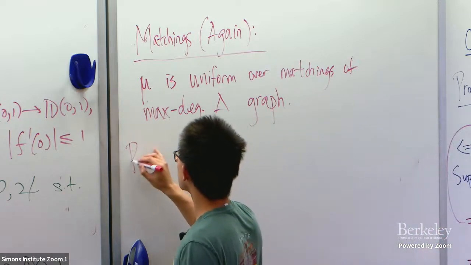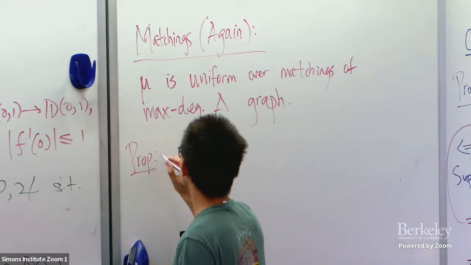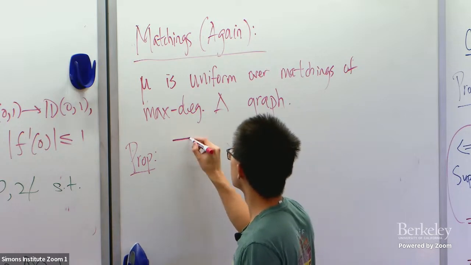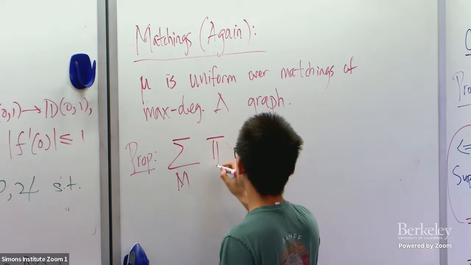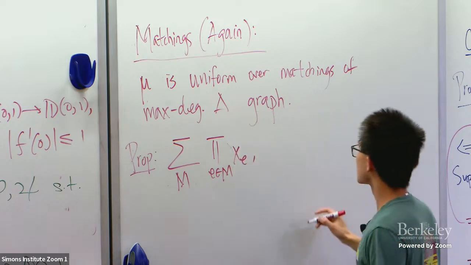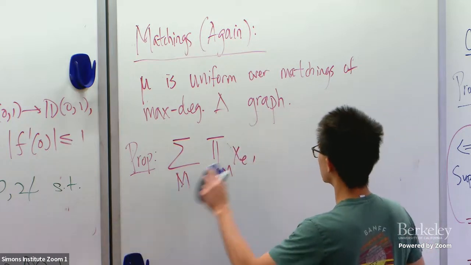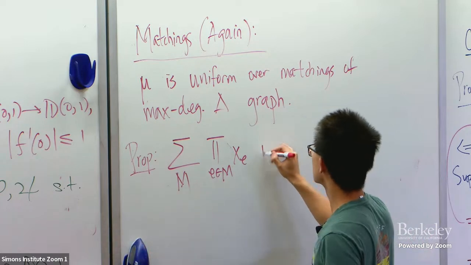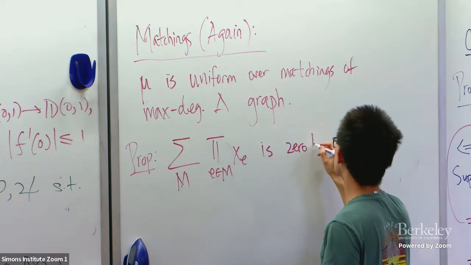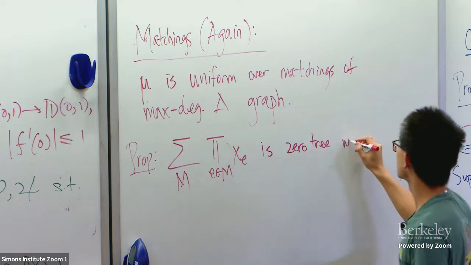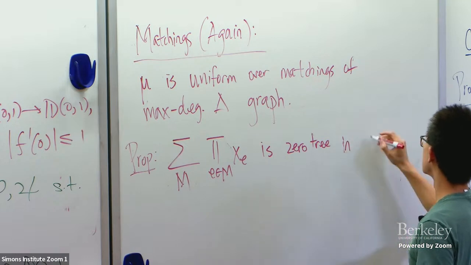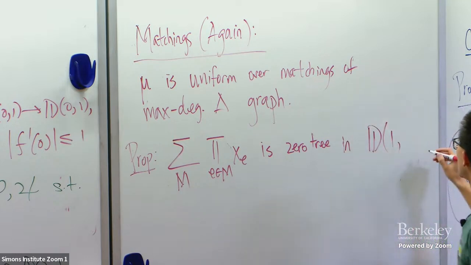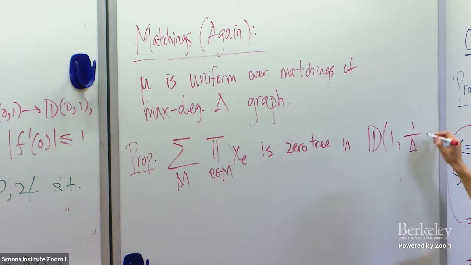Okay, so the proposition is that if I look at the matching polynomial, it is zero-free in a ball of radius 1 over the degree.